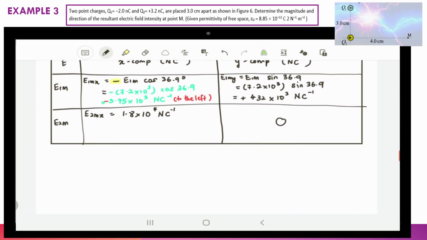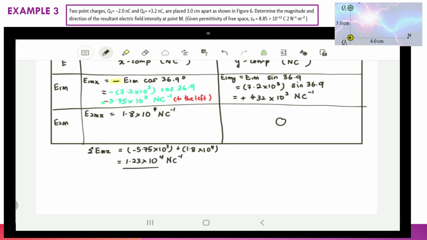Okay, so now let's try to calculate the resultant electric field at point M in x direction. So it's equal to negative 5.75 exponent 3 plus 1.8 times exponent 4, and it's equal to 1.23 exponent 4 Newton per Coulomb.